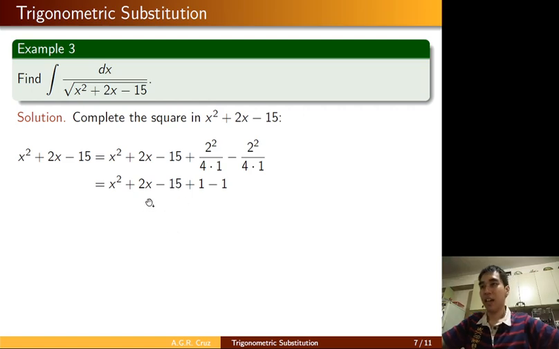And then what's the next step? You now gather together the terms that form a perfect square trinomial. And just to guide you on what terms you will group together, the two variable terms are always together. You have x squared plus 2x. And then what you pair with x squared and 2x is one of positive 1 or negative 1.